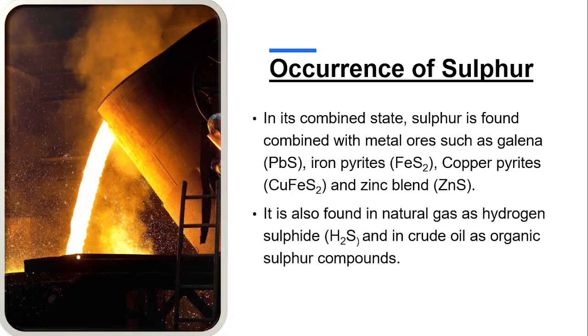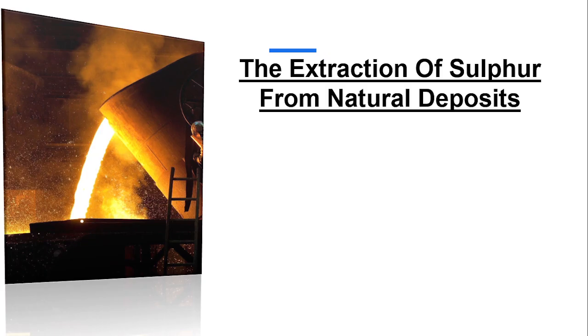It is also found in natural gas such as hydrogen sulfide gas, and also in crude oil as organic sulfur compounds. So that's how sulfur can occur or be found. Now let's see the extraction of sulfur from the natural deposits.